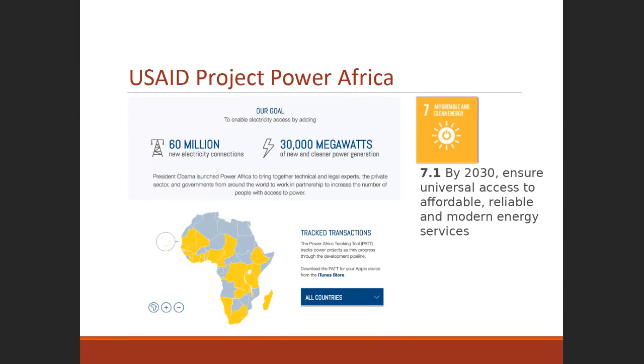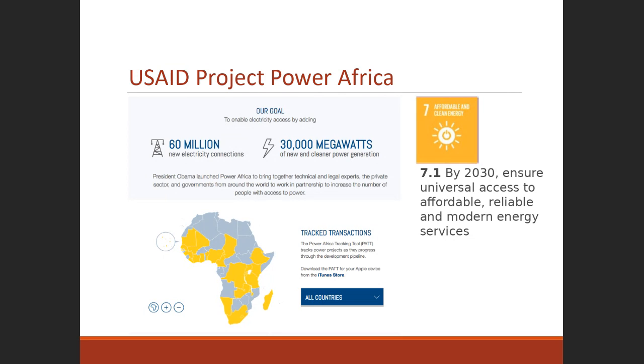It was estimated that about 3/4 of sub-Saharan Africans did not have access to reliable electricity back in 2015. So one of the goals of USAID's Project Power Africa has been to bring 60 million African residents electrical connections and to be generating about 30,000 megawatts of new and clean power.